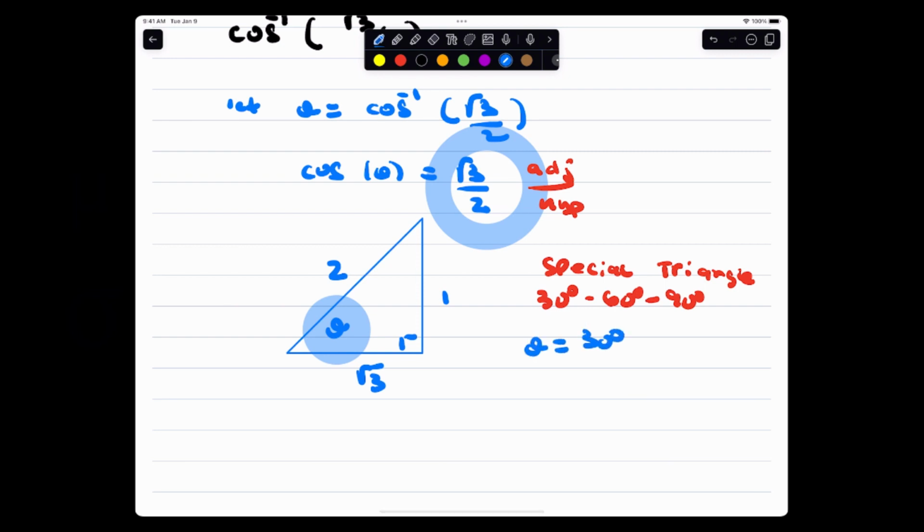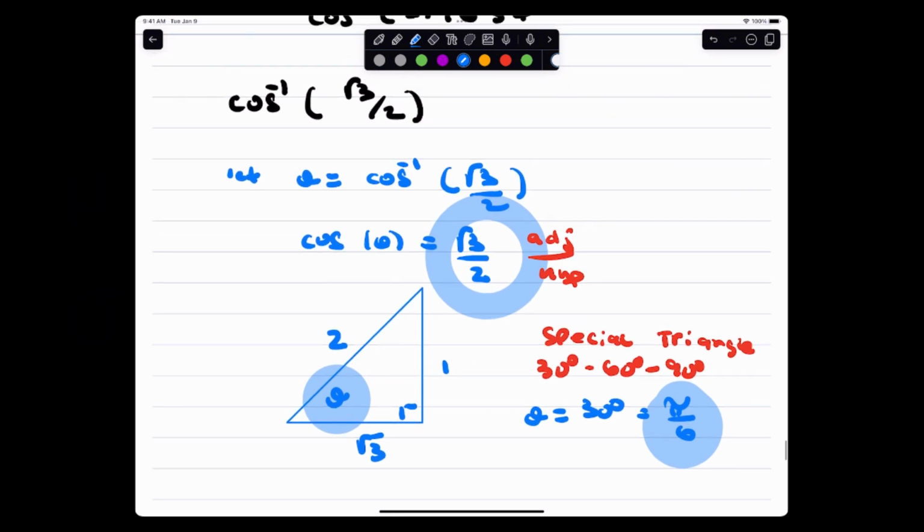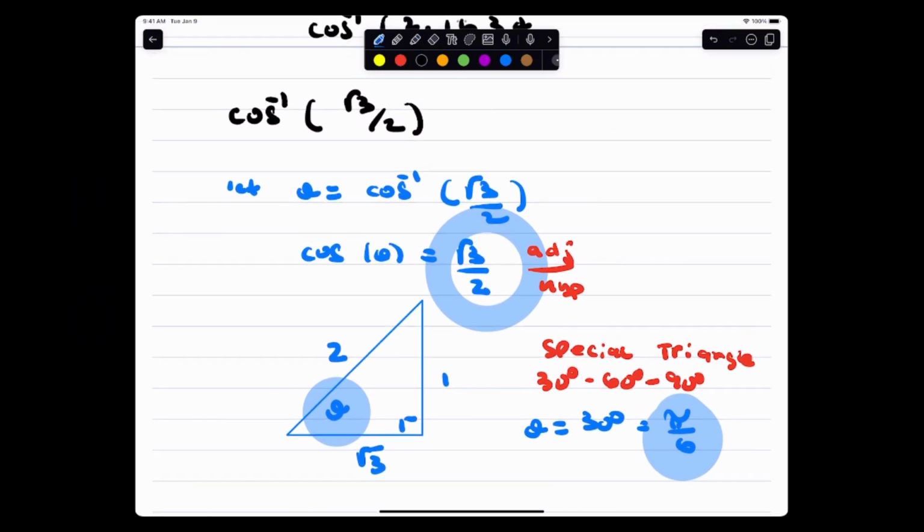And 30 degrees in terms of radians is pi over 6. So ladies and gentlemen, your answer will be pi over 6. Easy peasy, lemon squeezy. You guys okay with that?